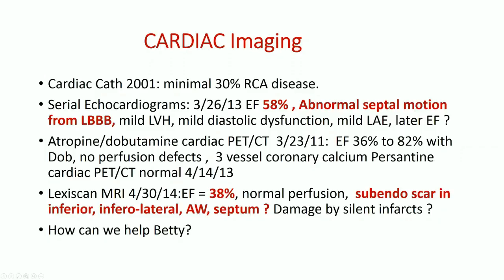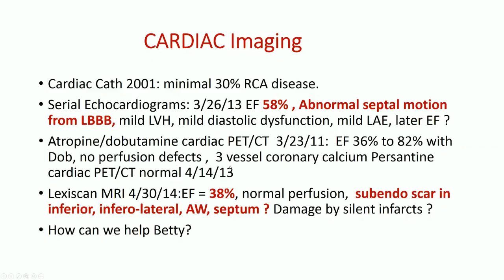There's normally decreased perfusion of the septum with left bundle branch block. And if you increase the rate, it'll be more decreased, and we'll get an artifact in the septum that's very common. That'll be decreased perfusion for sure, but it won't be from coronary artery disease. And so no perfusion defects.